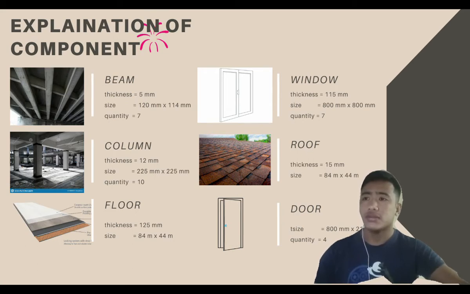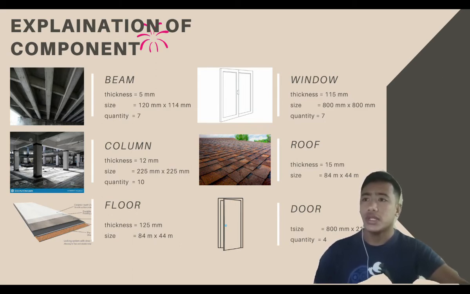For the column, the thickness is 12 millimeter, the size is 225 millimeter times 225 millimeter, and the quantity for the column is 10. Next, for the floor, the thickness is 125 mm, and the size is 84 meter times 44 meter.